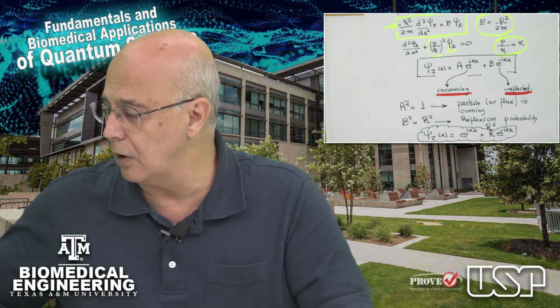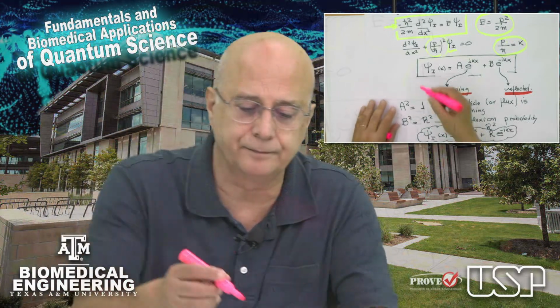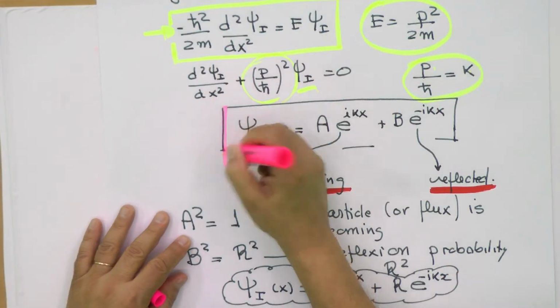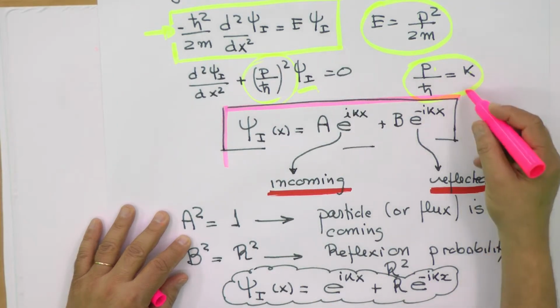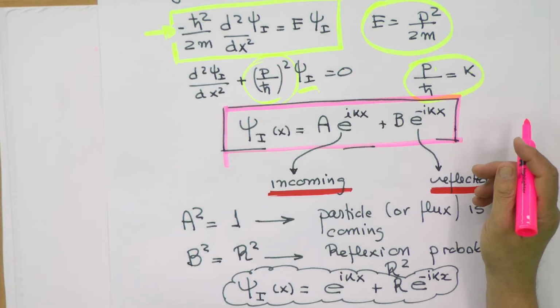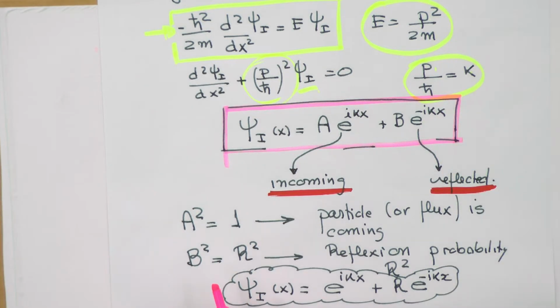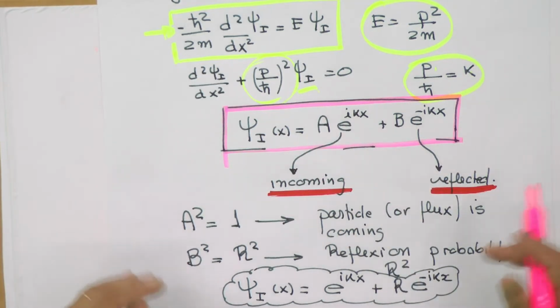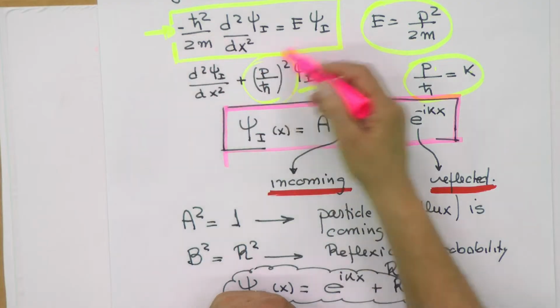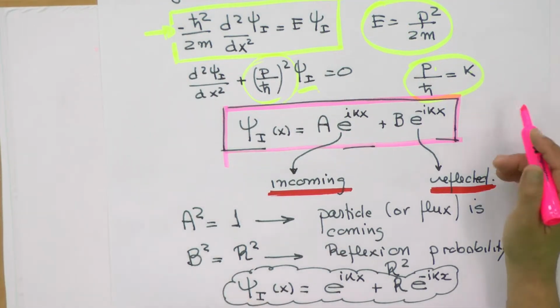Okay, so the solution of the problem is therefore a combination of e to the ikx or e to the minus ikx. Those are the two possible solutions. Of course, we know that if you have a differential equation, the sum of the solutions is a solution.